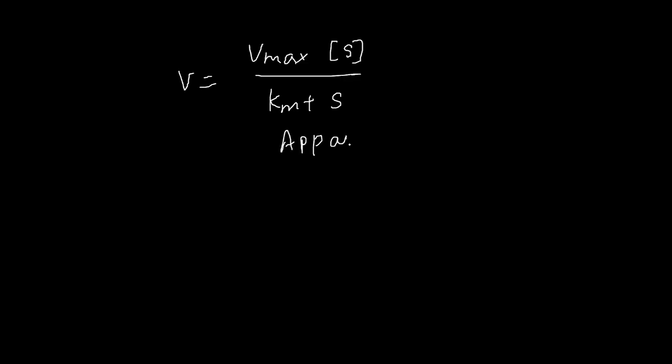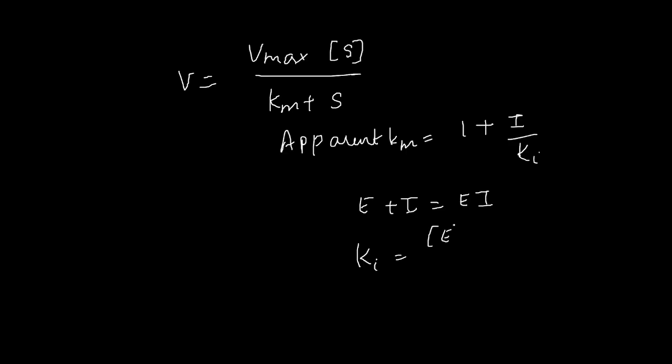For example, the formula is V equals Vmax S over Km plus S. In the presence of inhibitor, it is going to be apparent Km, and apparent Km is equal to 1 plus I divided by Ki, where Ki is the concentration of enzyme, concentration of inhibitor divided by EI.